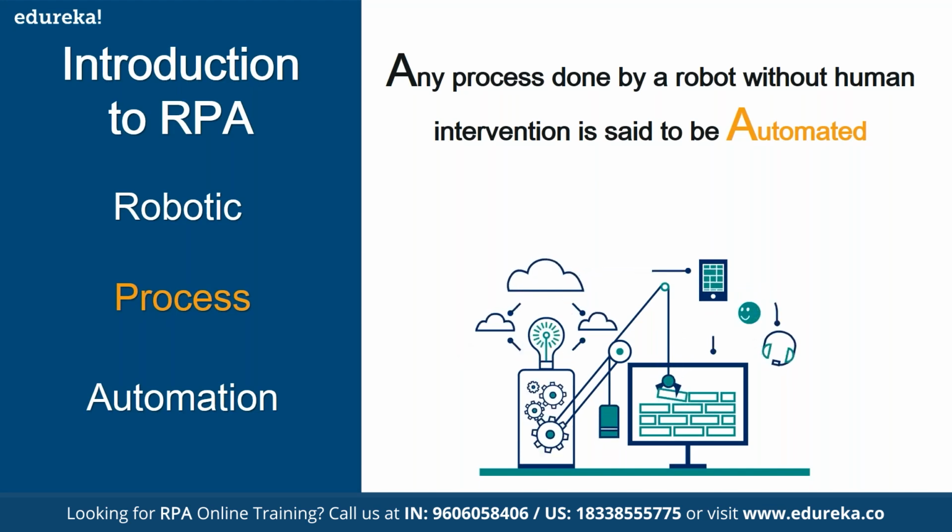Simple, right? Previously that business process used to be performed by a human, with multiple activities here and there. Now the robot is performing that particular action, so it is called automation, without human intervention.